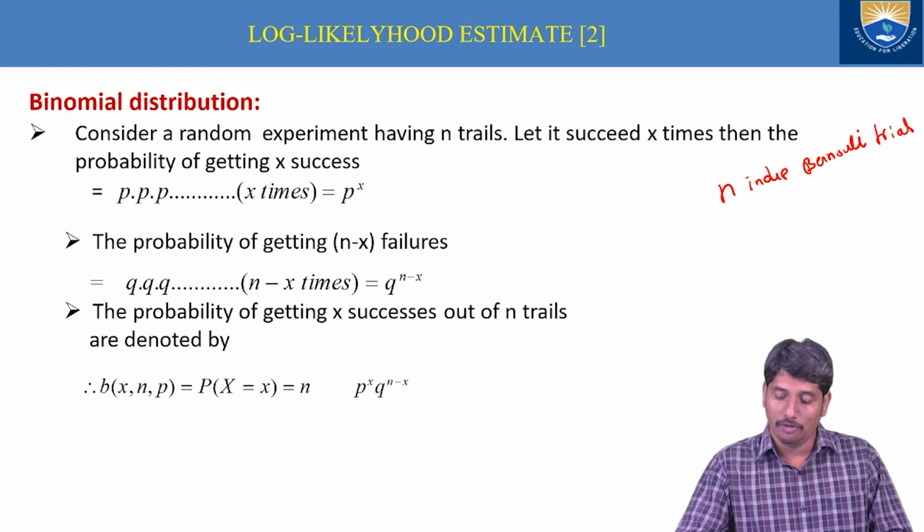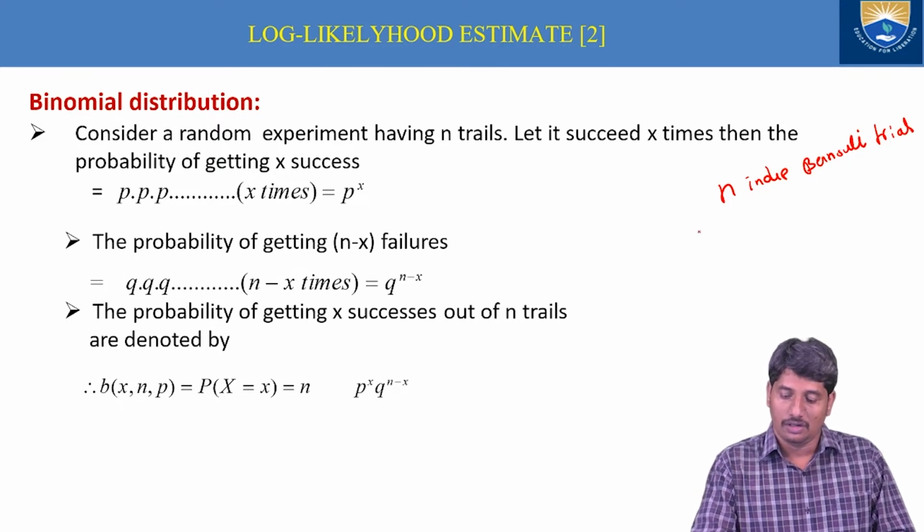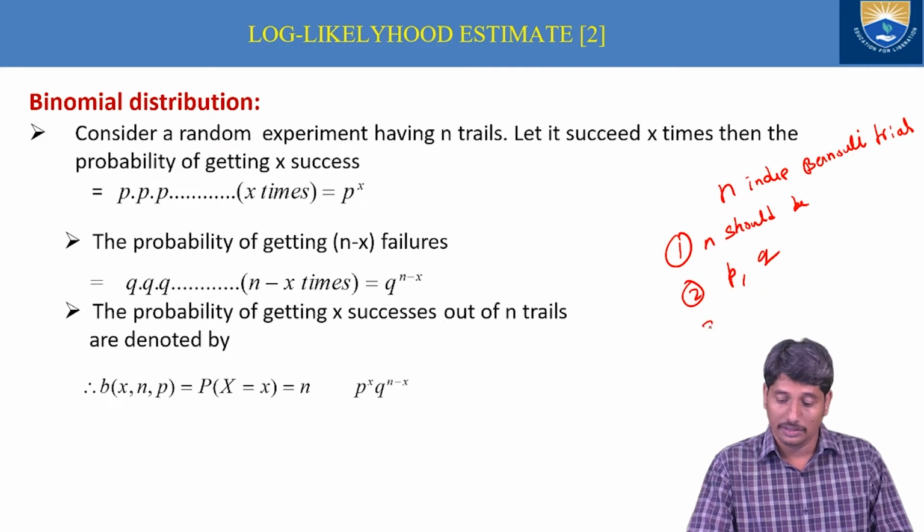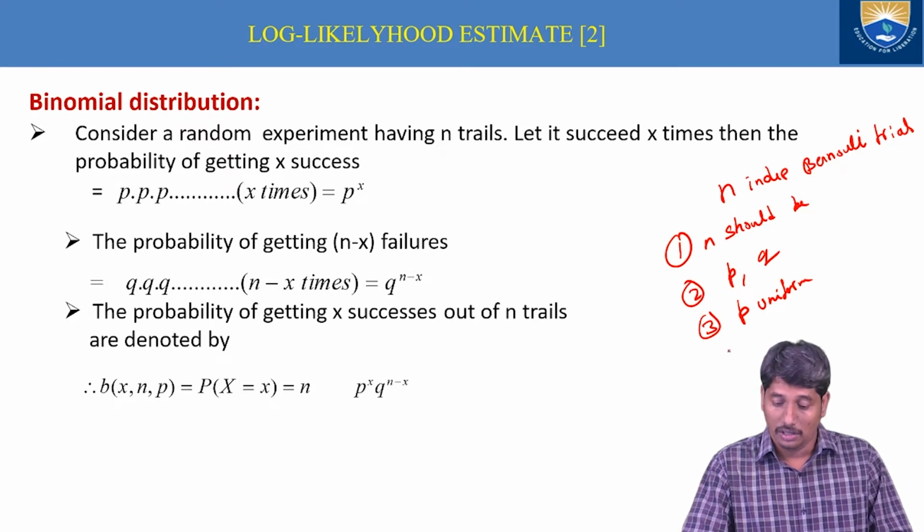N independent Bernoulli trials means, first, n should be finite, according to the definition of Bernoulli trials. Each trial should have two possible outcomes, namely success and failure, and the rate of success should be uniform for each and every trial.